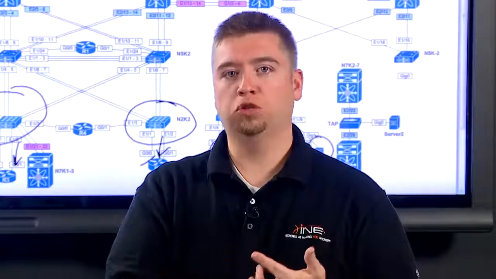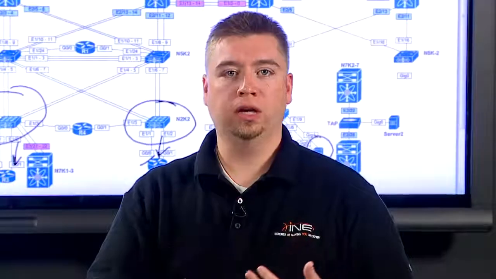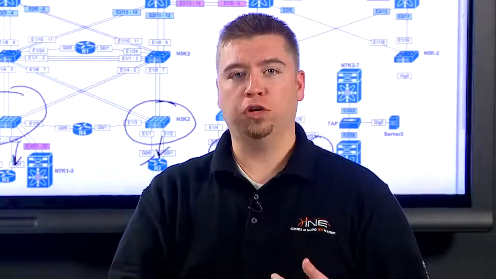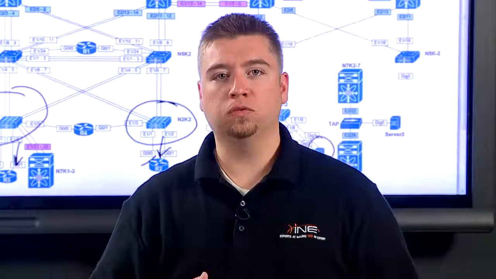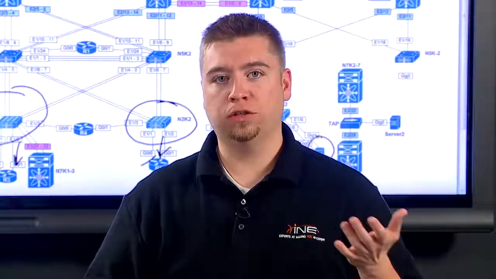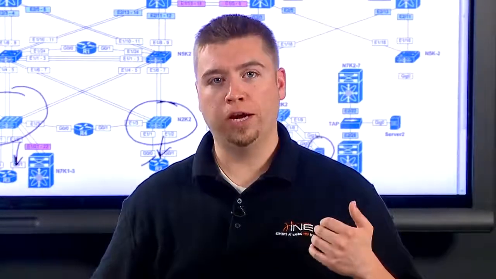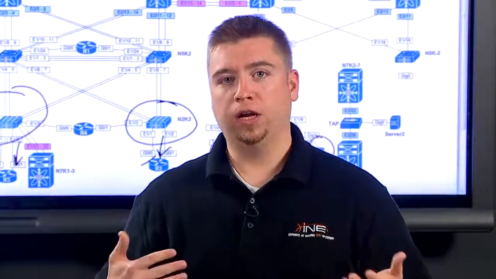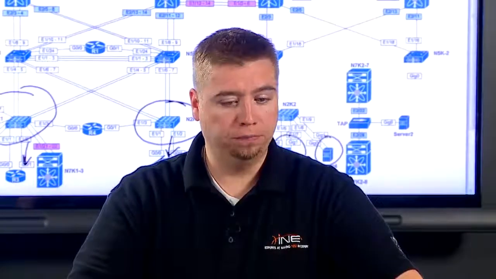So we're not going to get into a lot of the details of what are VLANs, what is trunking, what is VTP, what is spanning tree. We're mainly going to be focusing on some of the comparisons of how Nexus NX-OS works differently than regular Catalyst IOS, and some of the behavioral differences, and then some of the configuration differences that we need to be aware of.